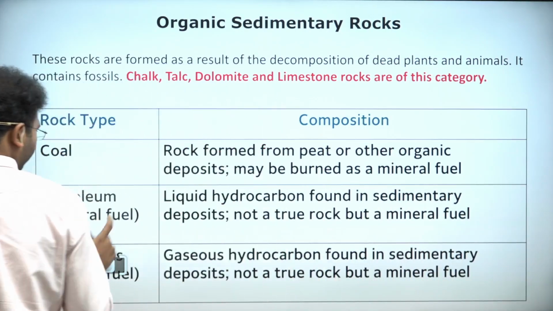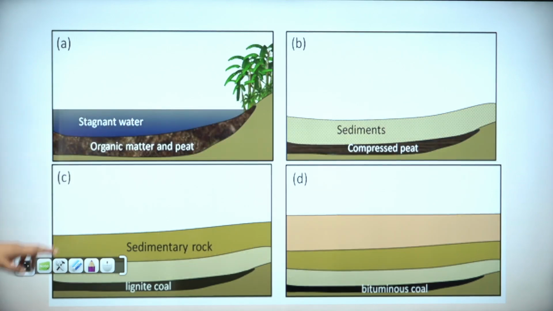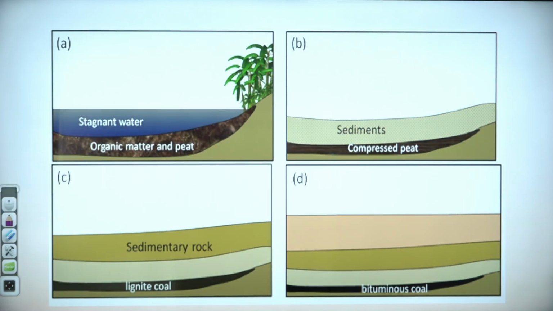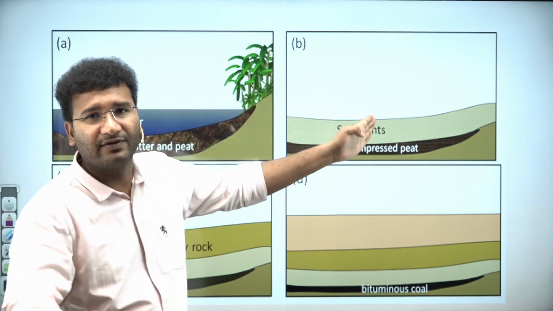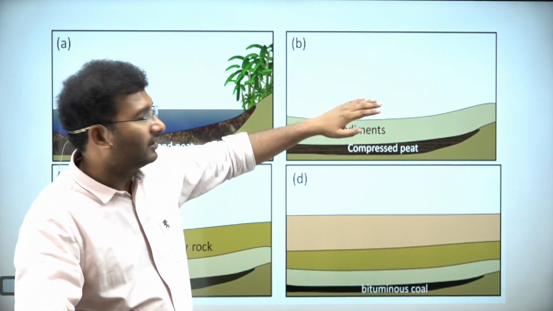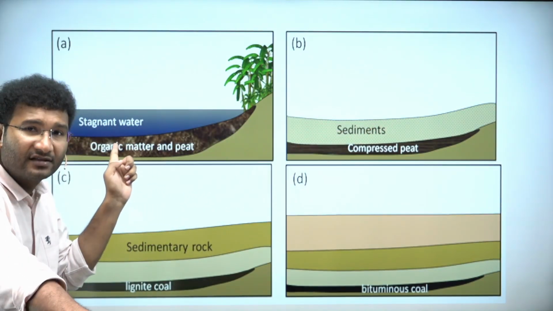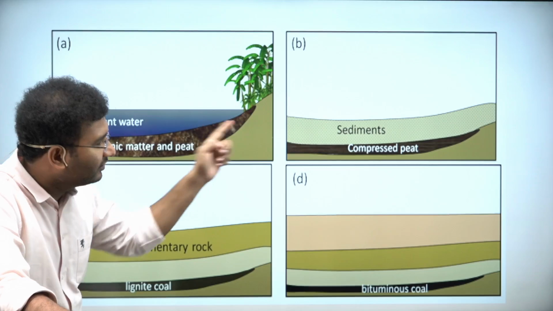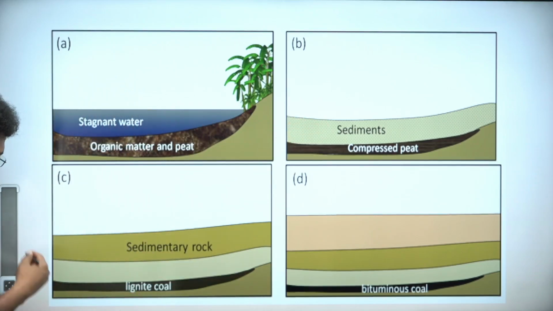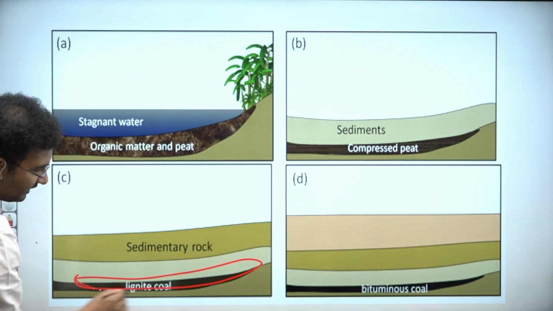Okay, this is an image that can help you understand how organic sedimentary rocks are formed. Imagine this is stagnant water. Over a period of time the water is filled with sand, and this sand will compress the forests which were there, and slowly you will see a rock being formed here, that is lignite and peat coal.